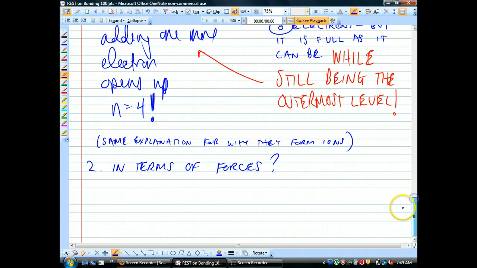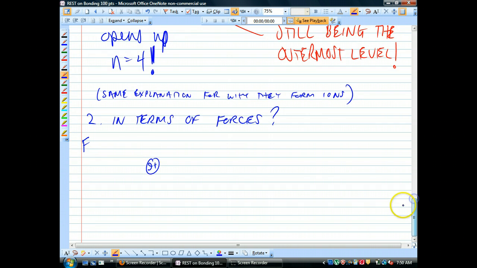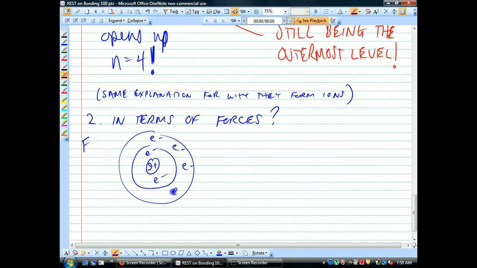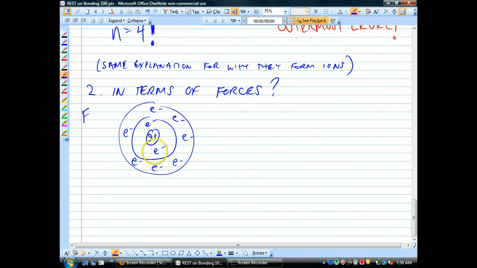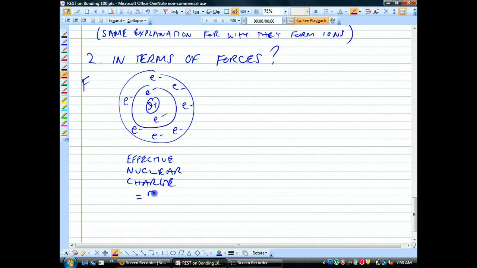Let's look again at our example of fluorine. There's 2 electrons in here, and then there are 7 out here. So the effective nuclear charge is equal to 7. And remember what that tells us?